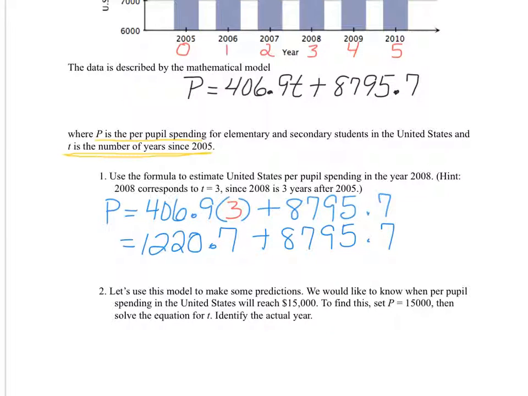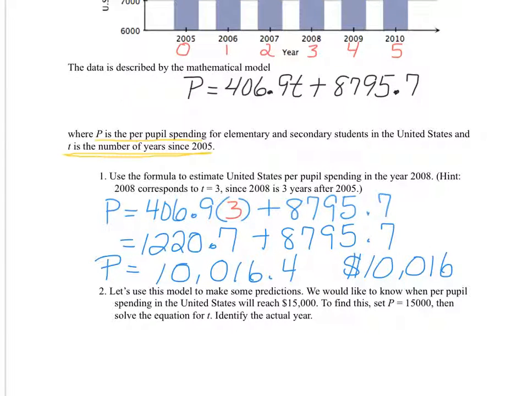Add those two together, and you get P equals 10,016.4. Okay, so our per pupil spending is $10,016.40. That 0.4 means 40 cents.